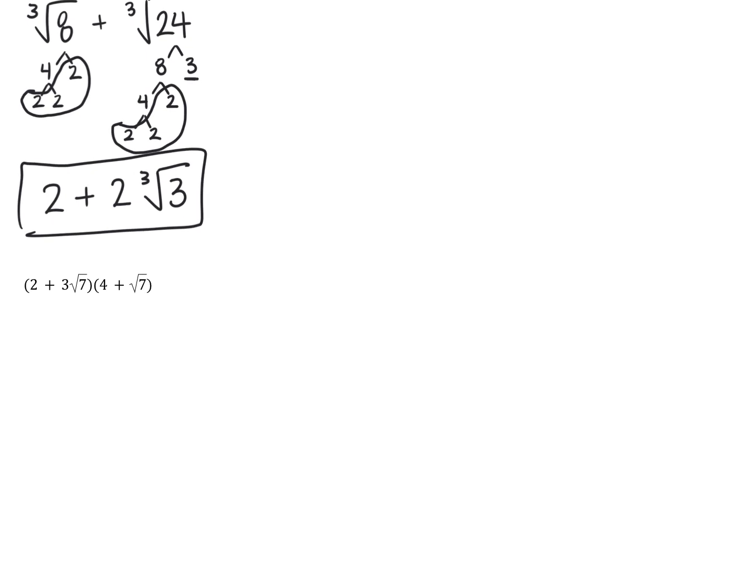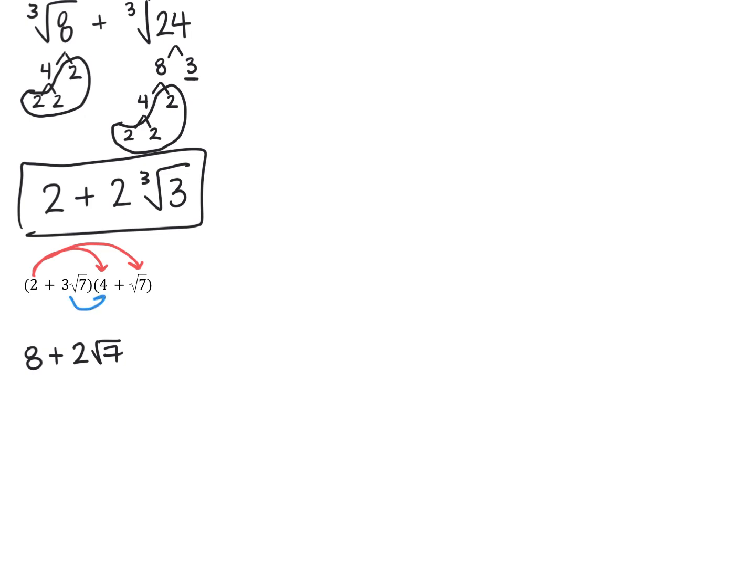Second type of example is if you're multiplying two binomials. So that means you have two terms. So we have 2 plus 3 square root 7 times 4 plus square root 7. So everything in the first set of parentheses is going to multiply to everything in the second set of parentheses. So we're going to start with 2 times 4, which is 8, plus 2 times radical 7, which stays 2 radical 7, because they're not both underneath the square root.